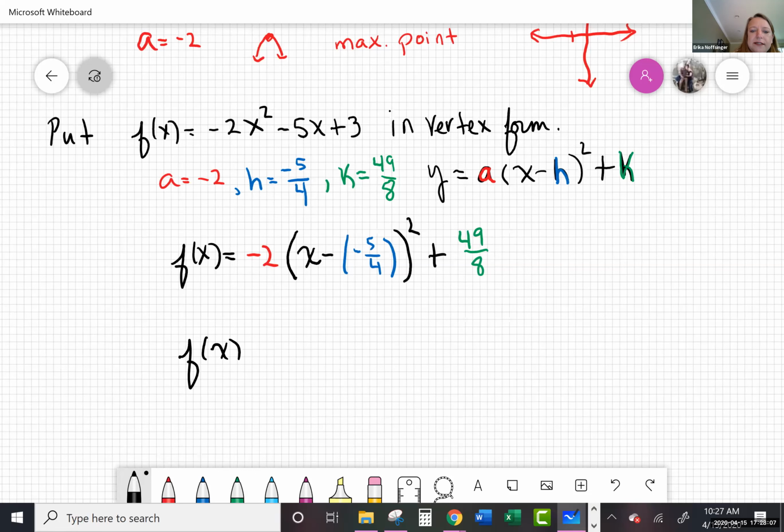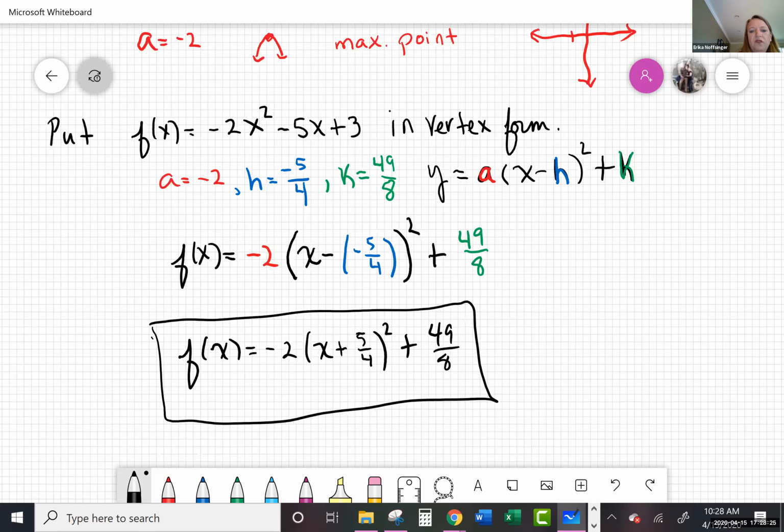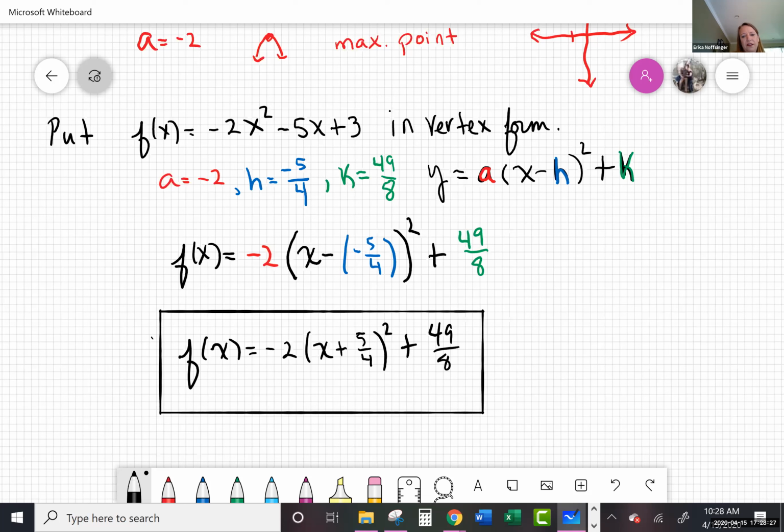So we get f of x is equal to -2 all times x plus, because minus a negative is plus 5/4, quantity squared, plus 49/8. So pretty darn cool.